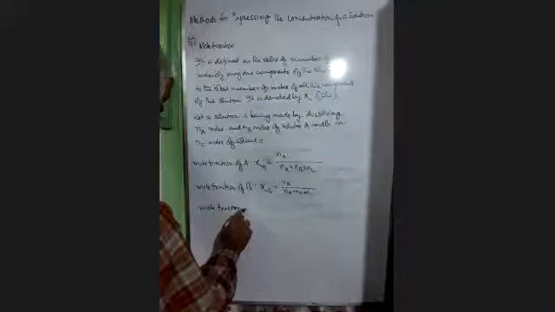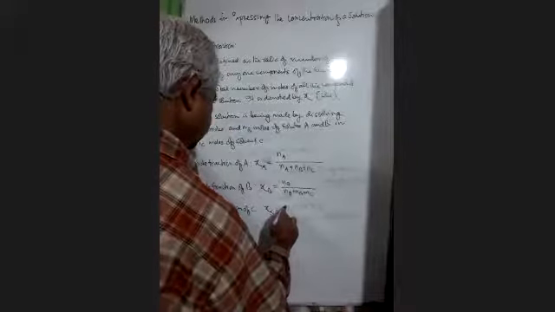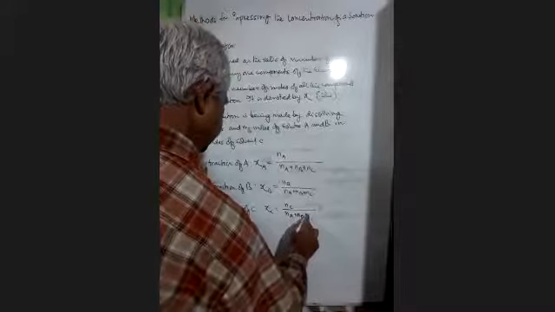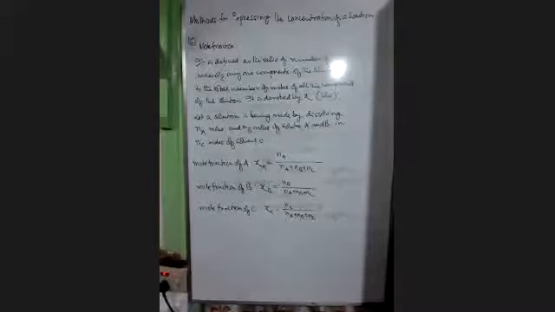Then mole fraction of C, chi C, equals NC by NA plus NB plus NC.